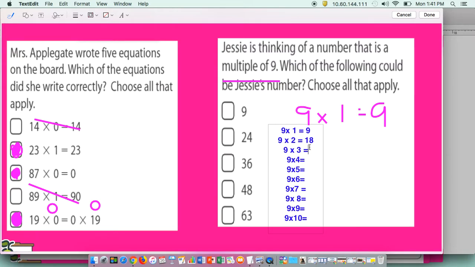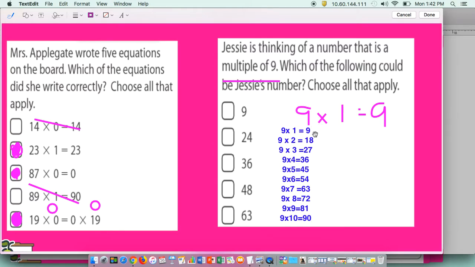So the tens digit is going to go up by 1. So 1, 2, 3, 4, 5, 6, 7, 8, 9. And the ones digit is going to go down by 1. So it's 8, 7, 6, right? 5, 4, 3, 2, 1, and 0.